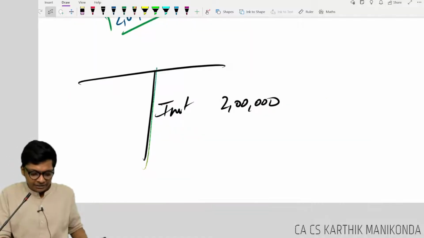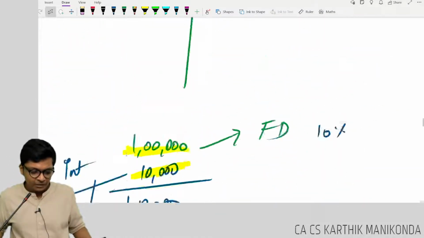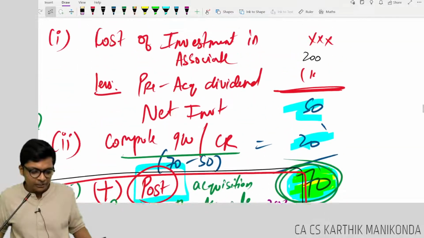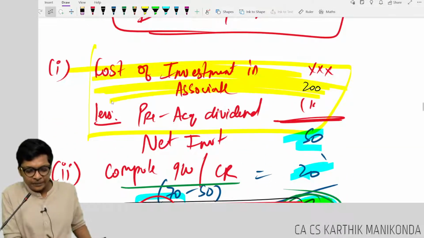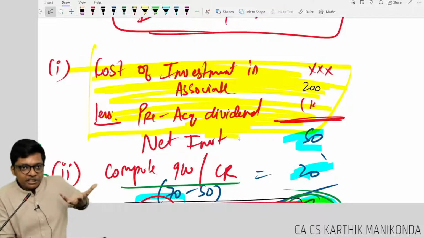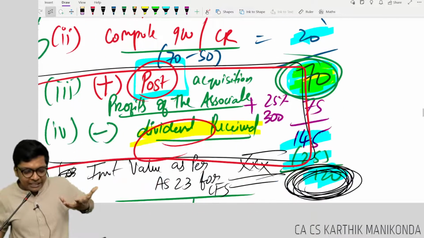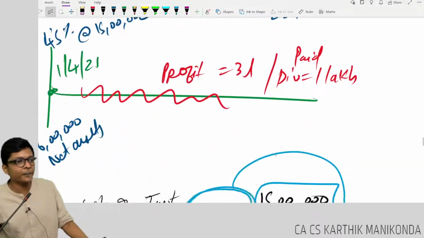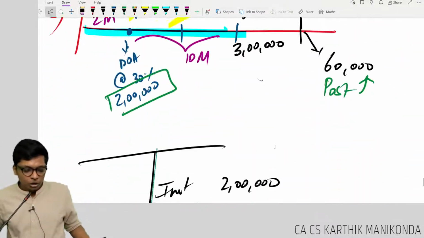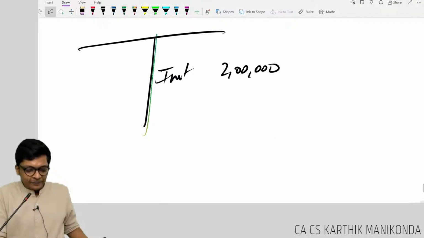If you remember these steps which I gave in the starting in equity method, this part is the cost of investment which is there in the balance sheet. After this only, goodwill and post-acquisition dividend are adjustments for the purpose of consolidation. So here in this sum, investment is 2 lakhs.